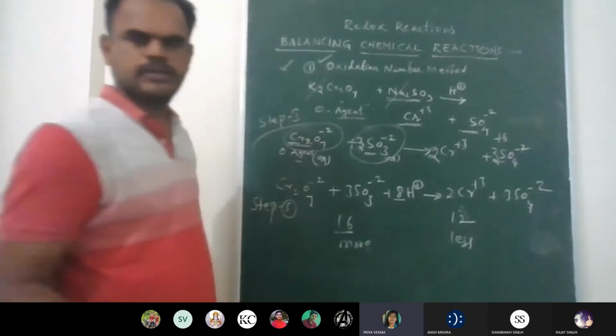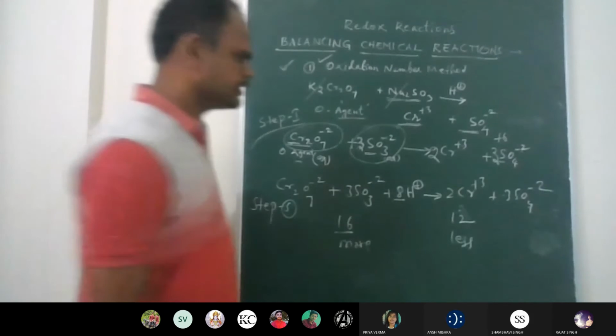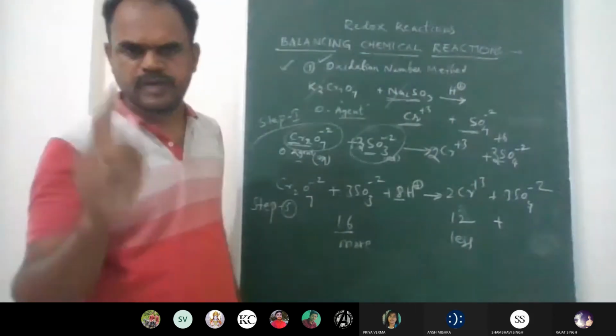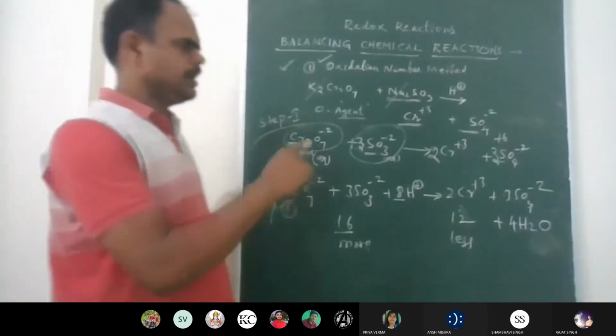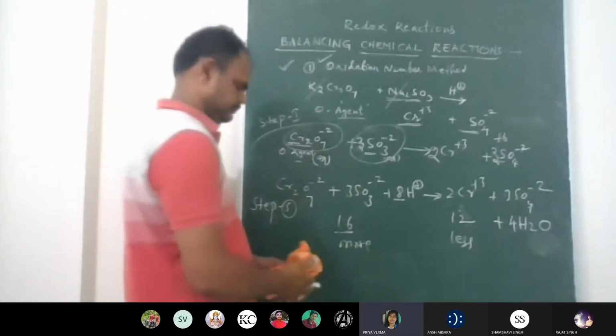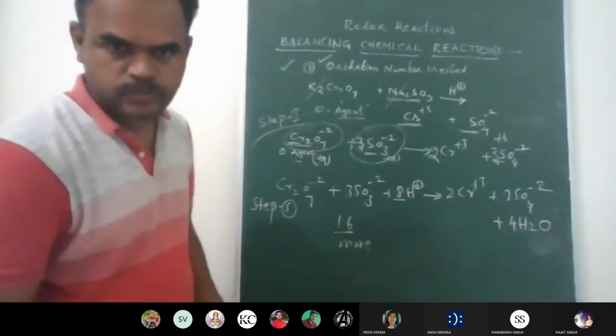So which side we must add the water molecules means this side we should add water molecule. How many water molecules? In one water molecule there is one oxygen. That's why I am adding 4H2O. If I add 4H2O, oxygen atoms are balanced on the right side, but hydrogen atoms are added, no?